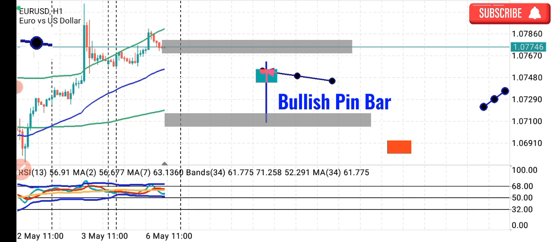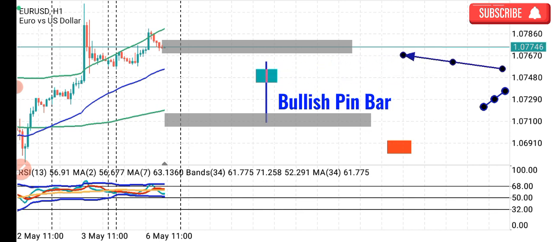Now what we are saying in essence is that the body of this pin bar you are seeing should be less than the wick. In other words, this wick is 2 times more than the body. So the higher the wick, the more valid the confirmation of the candlestick pattern.